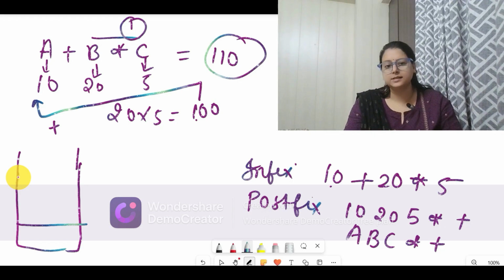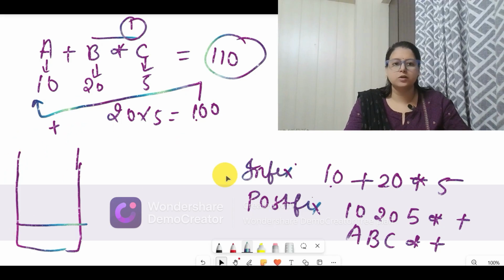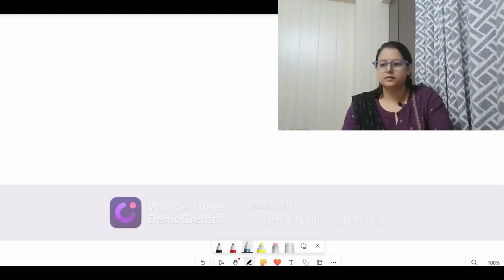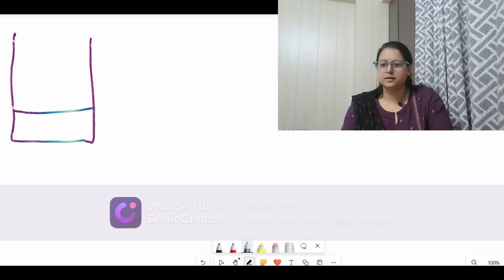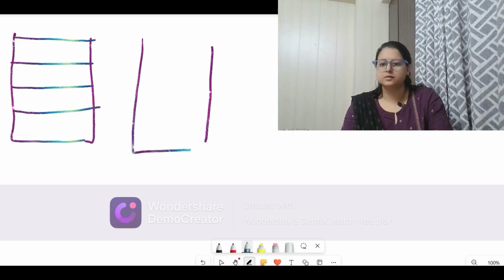So this is our postfix expression. And what the stack structure will be for this expression and how the stack evaluates the result, that we will see. So we are now drawing the stack structure. First of all, this is our stack. One more we are drawing over here if it is required.